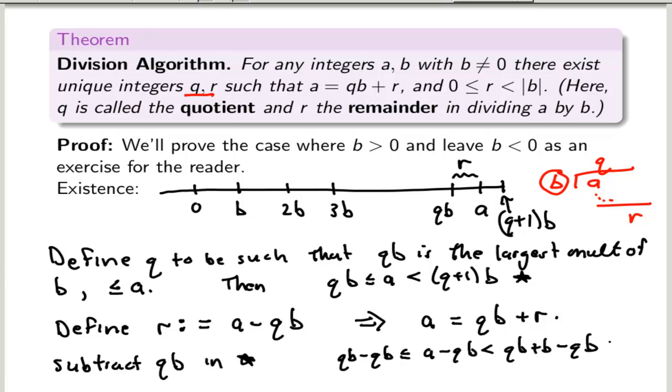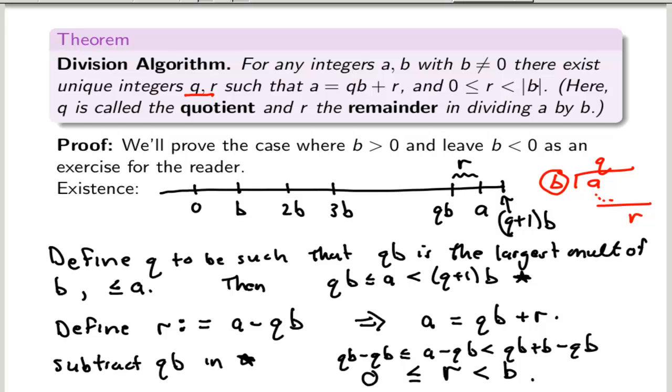So I subtract it from all sides, and that gives us exactly what we want. We have 0 less than or equal to this, which is the remainder R, and we have B right here, which is our second condition when B is positive. Okay, you can think about how to modify that for a negative B.